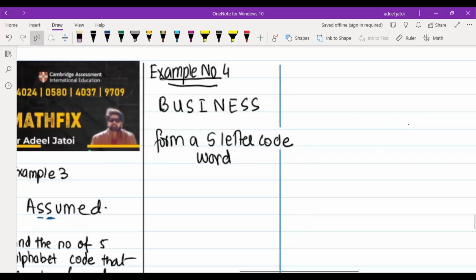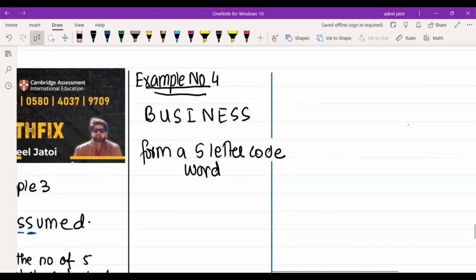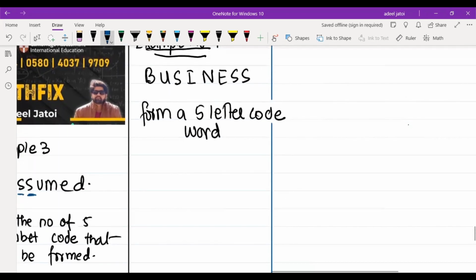The question is clear now. The question is the same code generation with the word business, form a 5-letter code word. Now we know that 3 S's are being repeated. So the code can be with no S, with 1 S, with 2 S, and with 3 S. If the code is with no S, obviously 1, 2, 3, 4, 5.